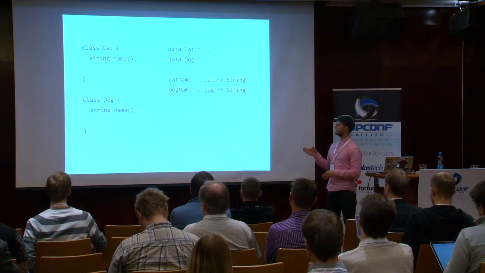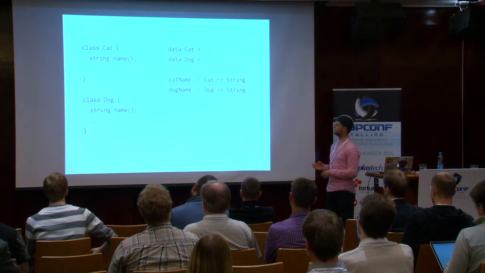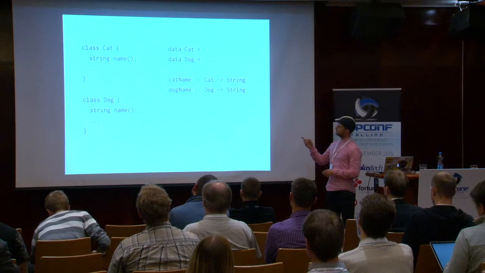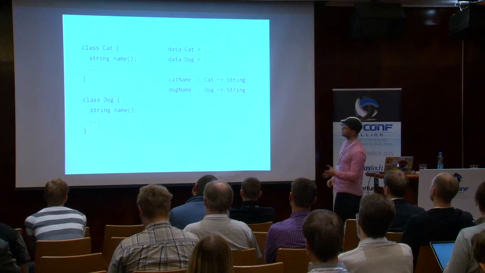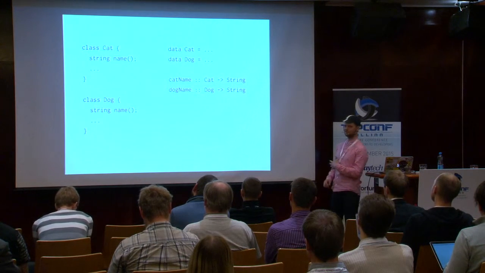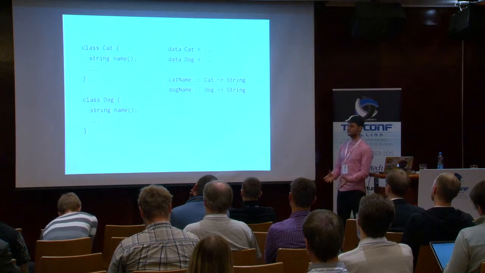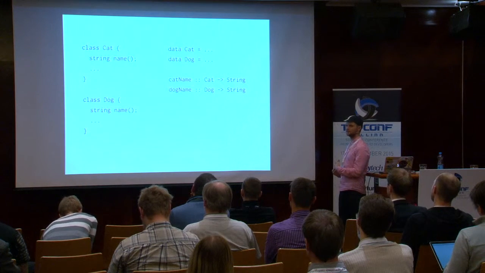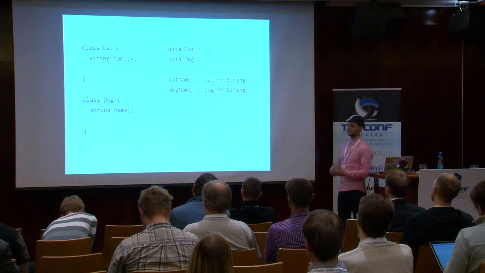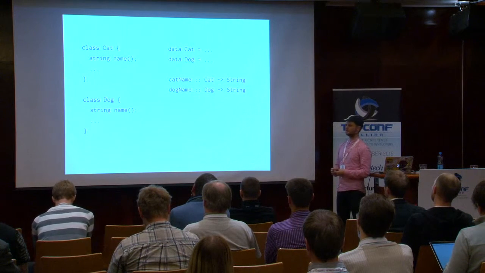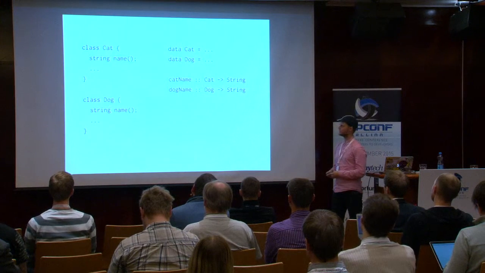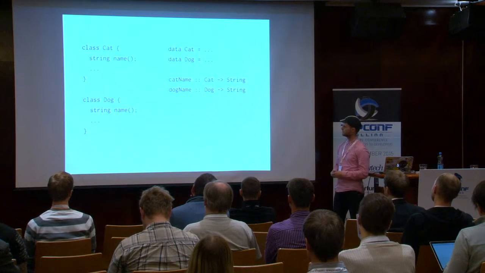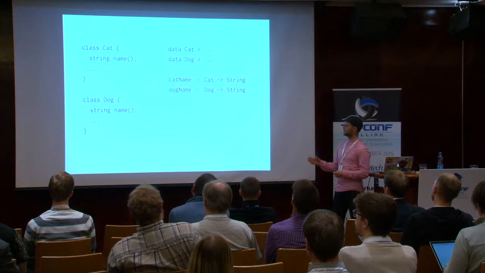Say we have a cat and a dog, and they both have names. On the left-hand side, there's C++, and on the right-hand side is Haskell. So C++ is very object-oriented, and Haskell is very functional programming. Hopefully, the syntax won't be a problem for you, at least for Haskell, and I guess the C++ syntax is familiar. So both cat and dog have a name.